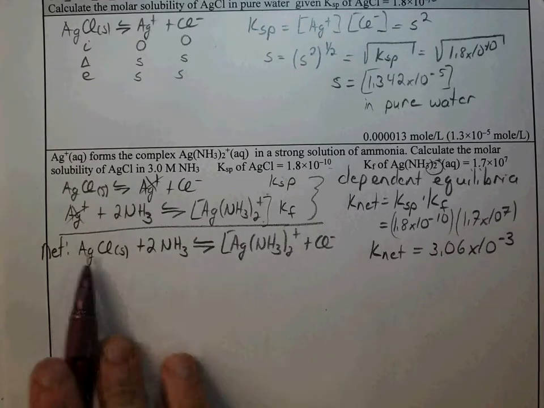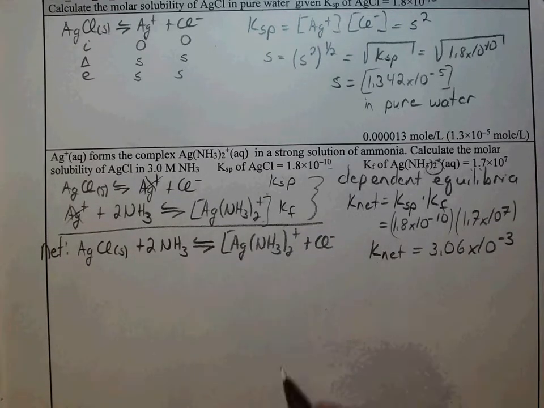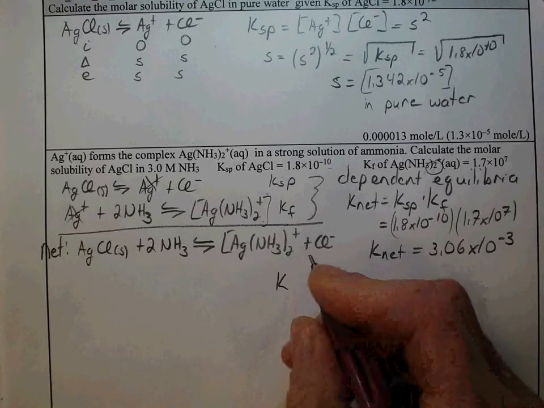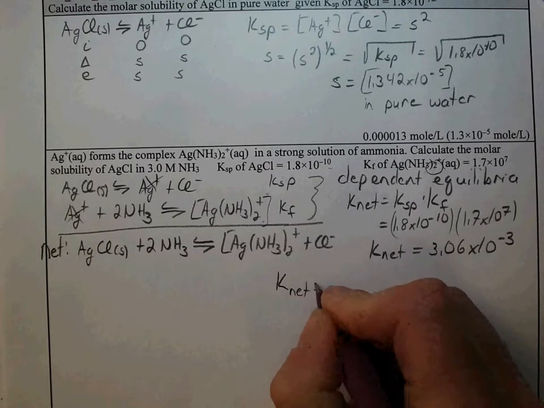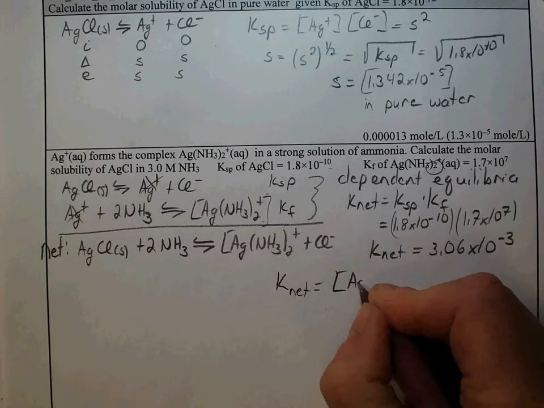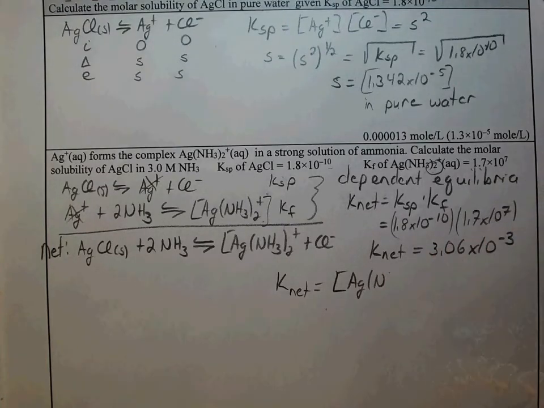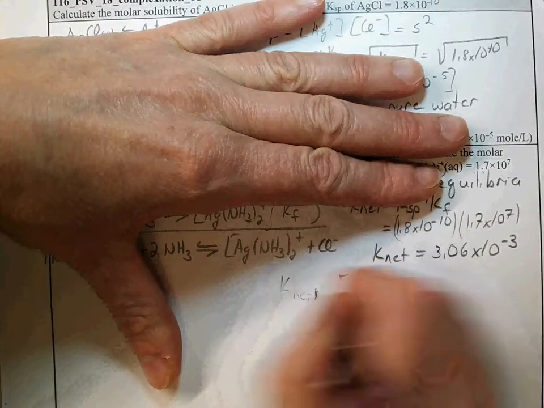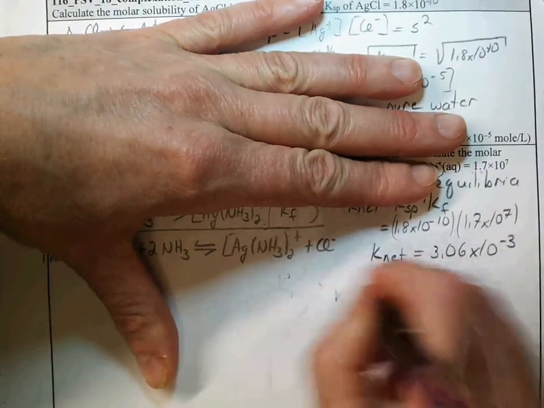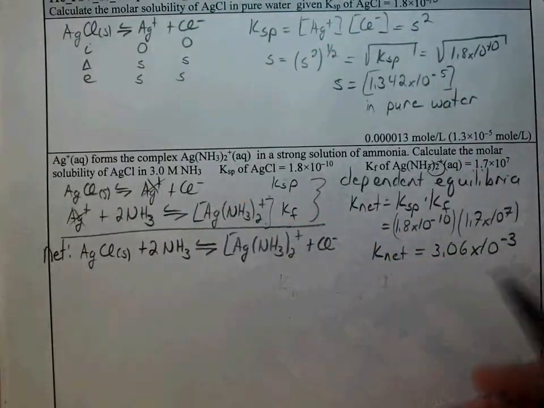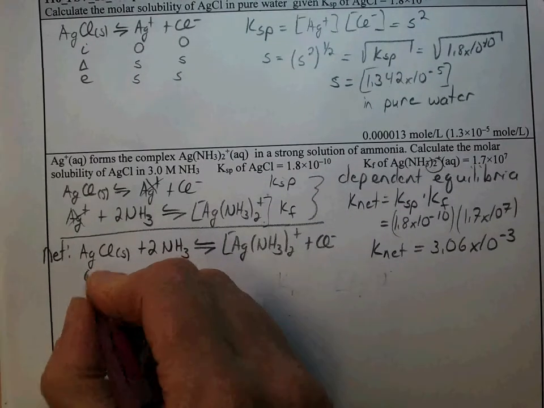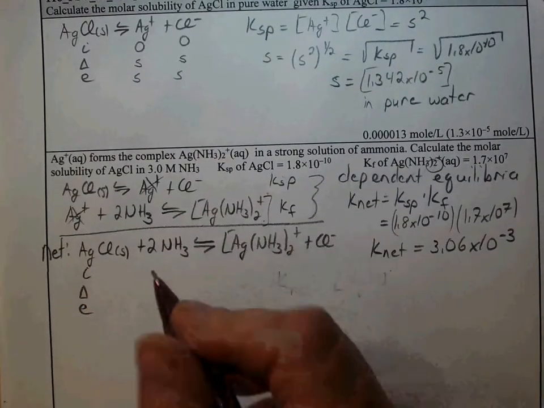Alright, so if we look at our net equation, we can write our equilibrium constant expression. K net is going to be the concentration of our complex. Oops, wait, let me leave room for my ICE table. This is what we do here: initial, change, equilibrium.